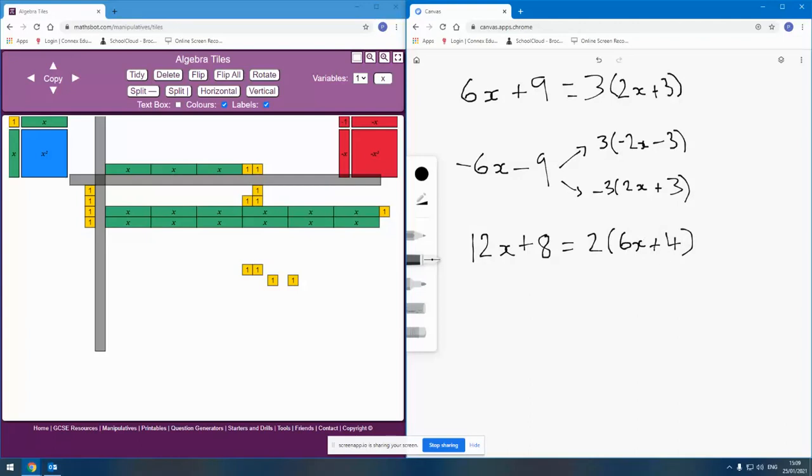So what we're aiming for is to have this without a common factor left in the brackets. The expression in the brackets shouldn't have common factors left in the terms, and that would negate that and mean that actually the one we want is 4 bracket 3x plus 2.